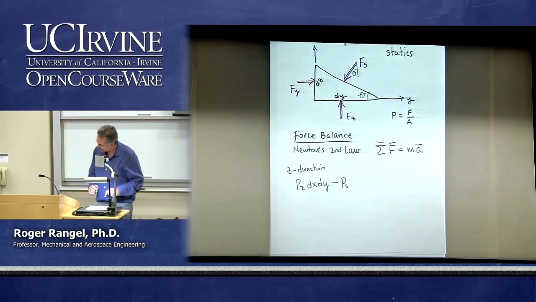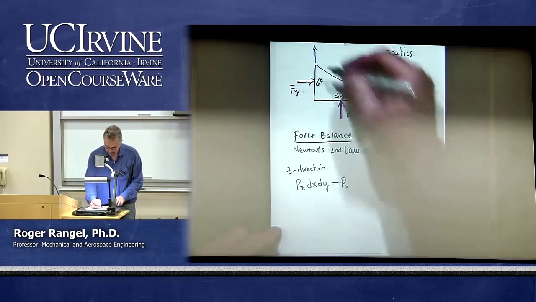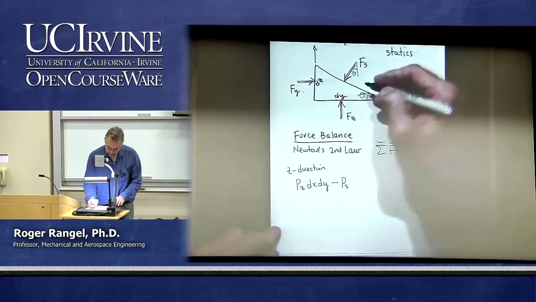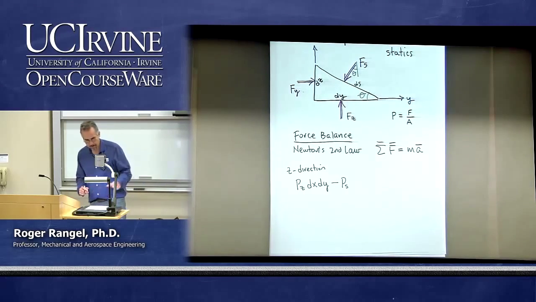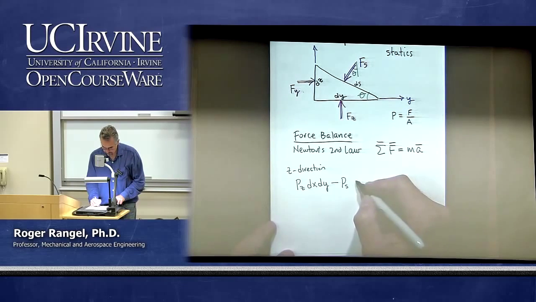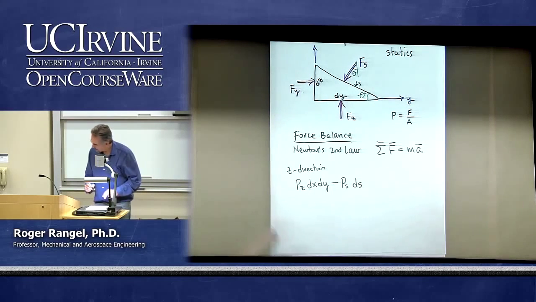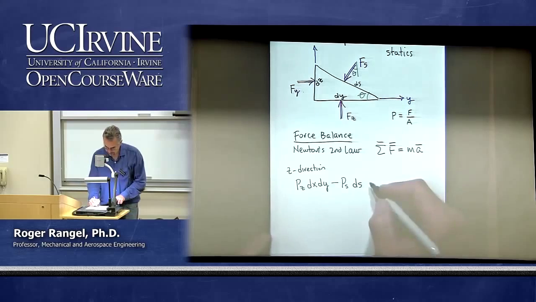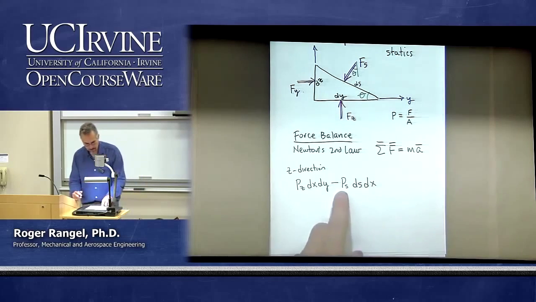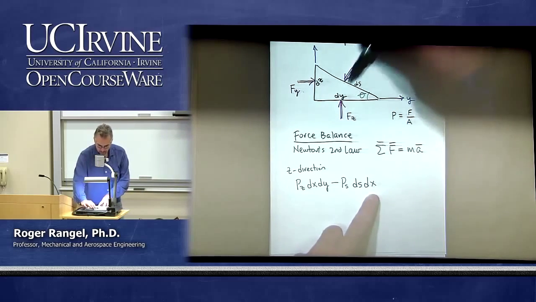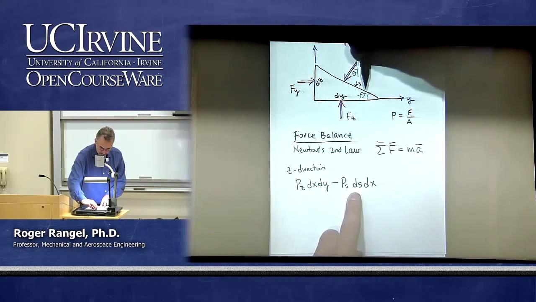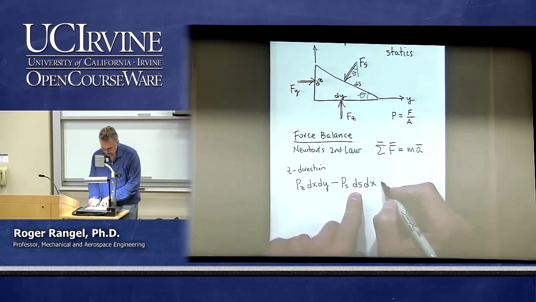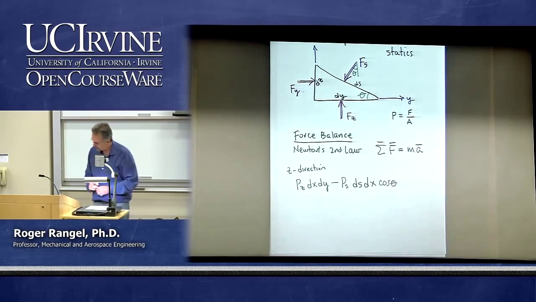P sub s, and then the area is, let's say that this distance is ds, this hypotenuse of this triangle. So this is ds also times dx, right? Pressure times area gives me the force, so that's the F sub s. But now I need the vertical component, so I need to multiply this times the cosine of theta.